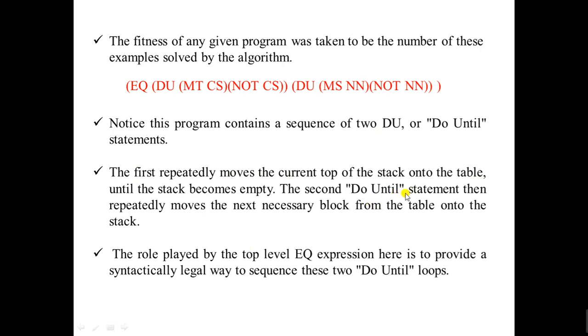The second do until statement then repeatedly moves the next necessary blocks from the table onto the stack. So by moving blocks from the stack to the table or from the table to the stack, we can arrange the word universal. Right? The role played by the top-level EQ expression is to provide a syntactically legal way to sequence these two do until loops.